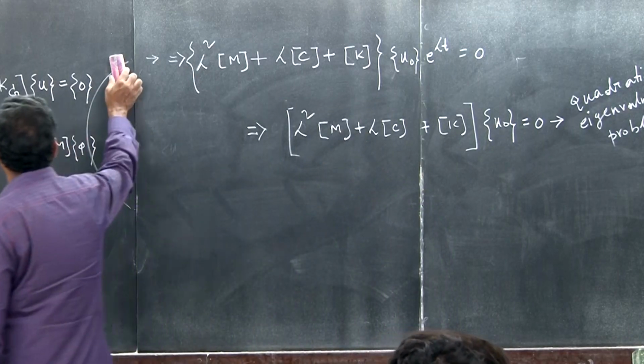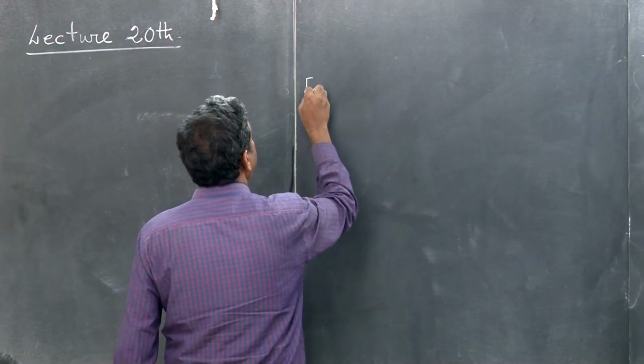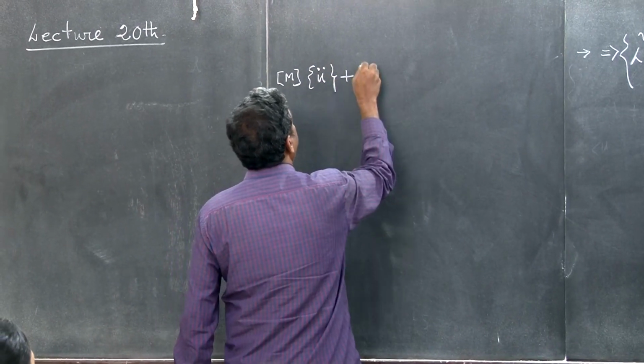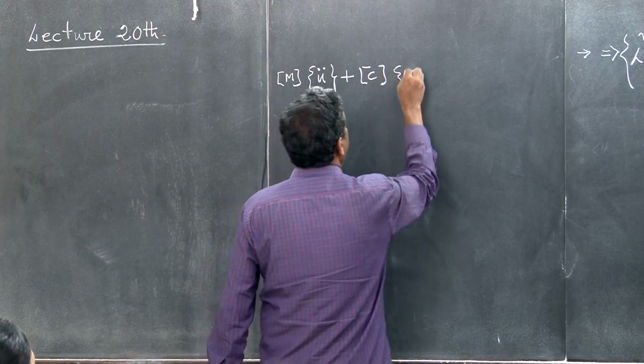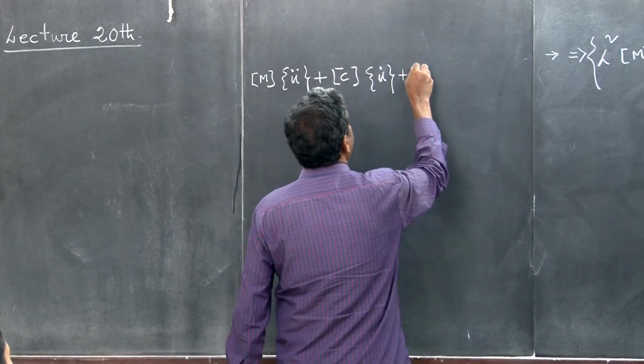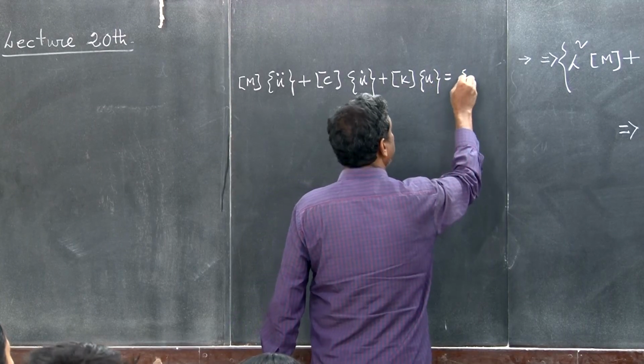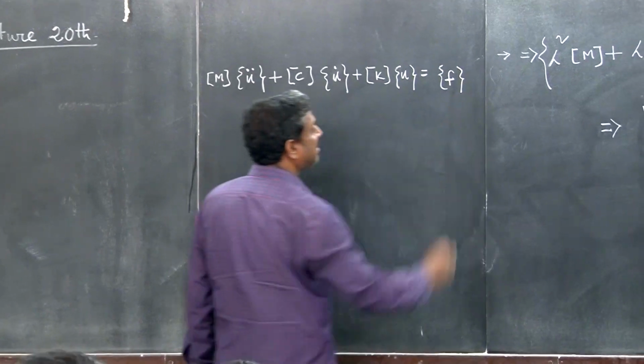Okay. See, m u double dot plus c u dot plus k u is equal to f(t), right?